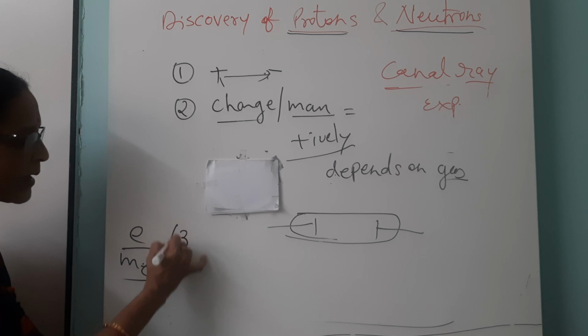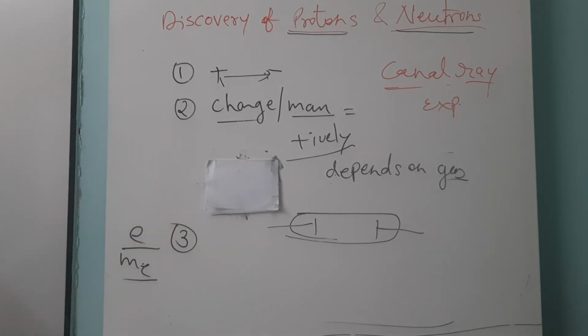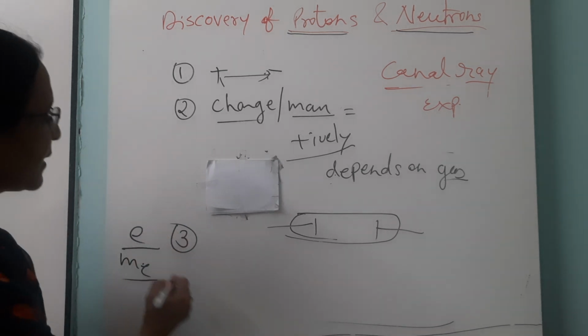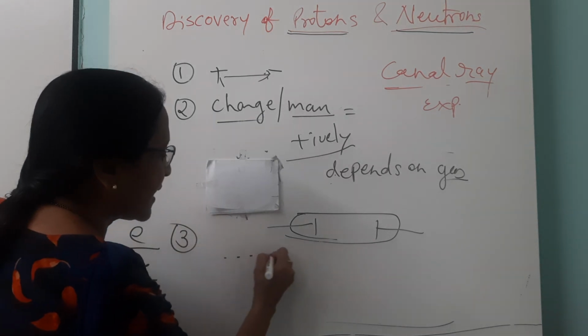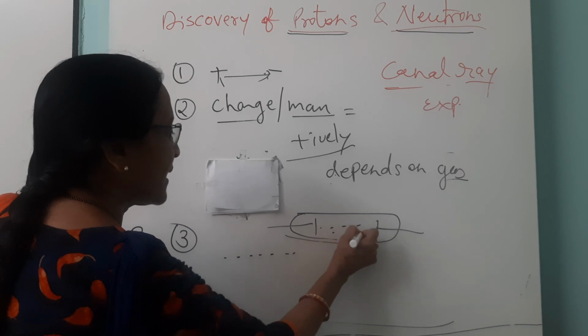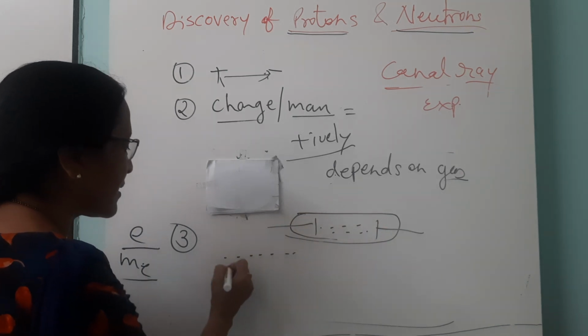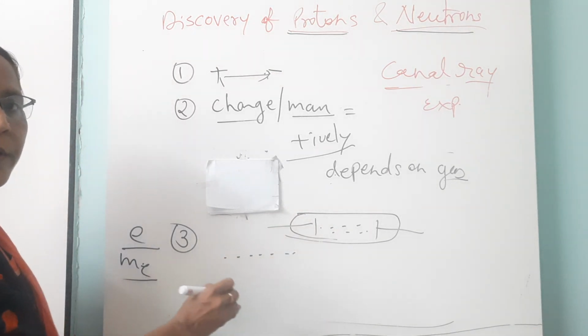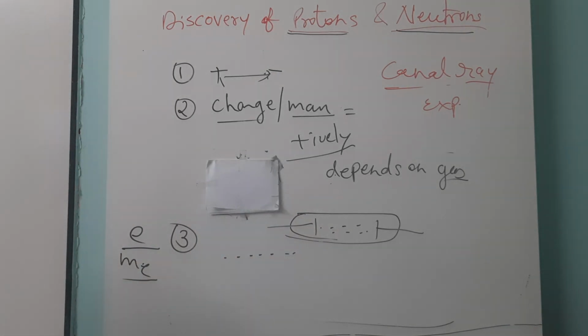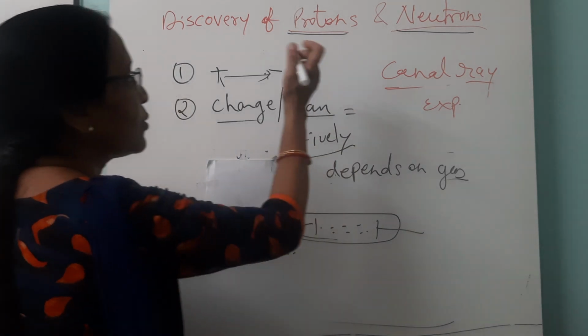Then the third conclusion is that some of the positively charged particles carry multiple fundamental units of electric charge. It means that charged particles are emitted, but some of them carry multiple fundamental electric charges.